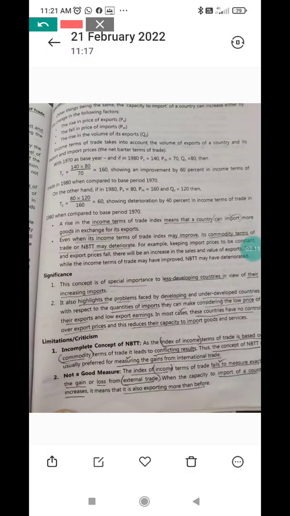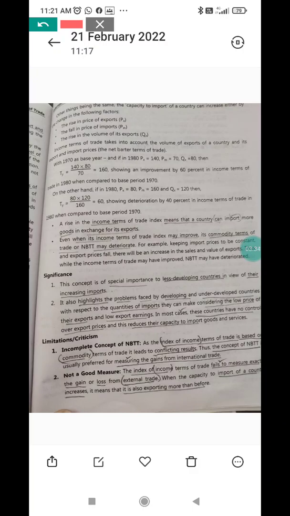Here, other things being the same, the capacity to import of a country can increase by a change in the following factors.